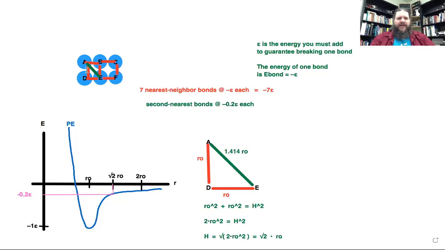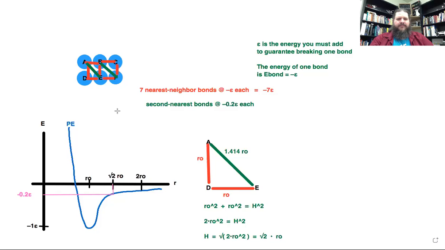For instance, the bond from A to E. But how many other bonds do we have that are like that? What other bonds are that same distance? That same diagonal. Yeah, from B to F is that same diagonal.